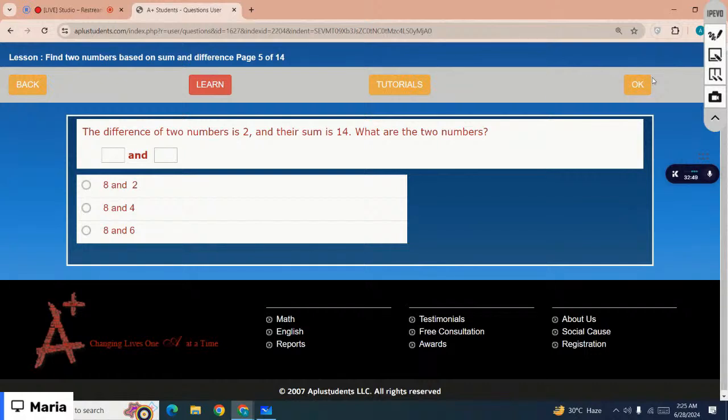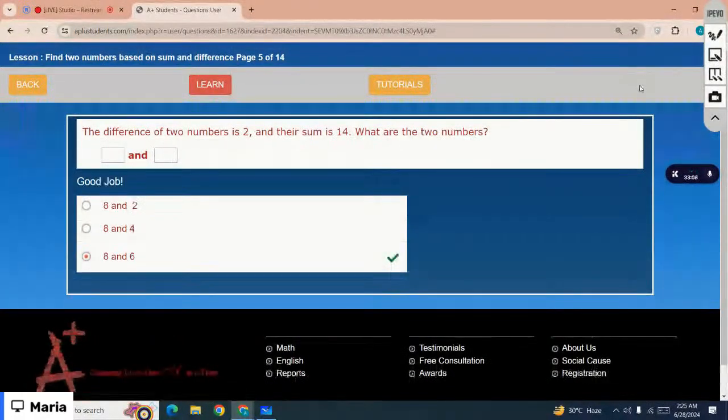Which is the correct option? That is 8 and 6. Option number 3 is the correct option because 8 plus 6 makes 14. And when you subtract them, they make 2. Option number 3 is the correct option.